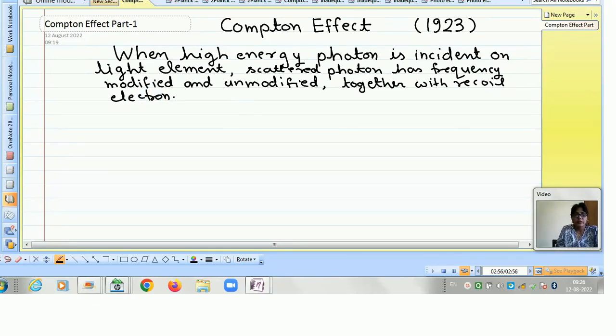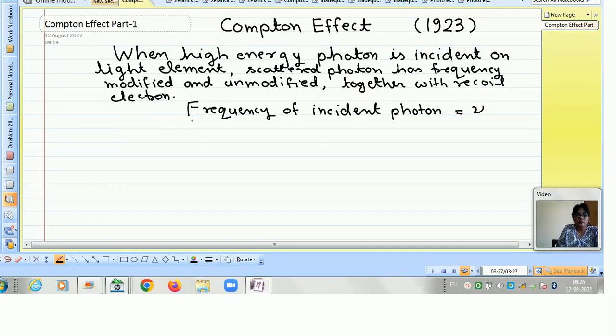Now here the frequency is modified in comparison to the original frequency of the incident photon. So let us say the frequency of the incident photon is nu.